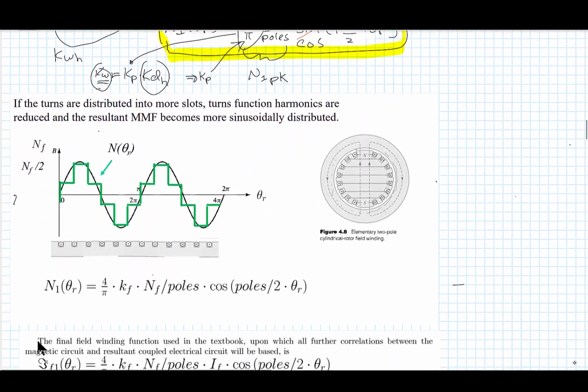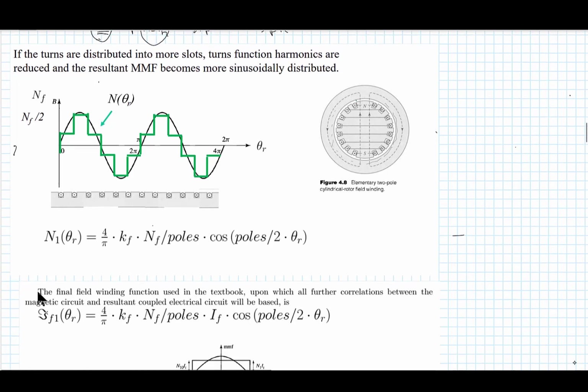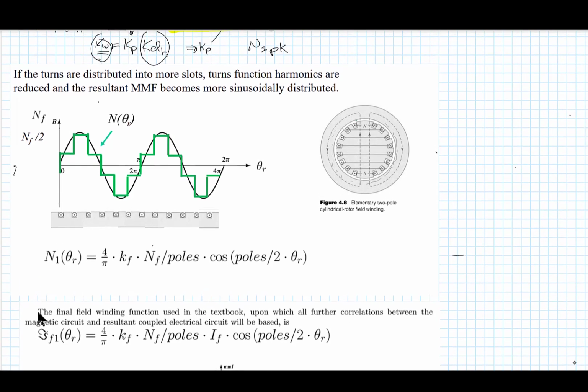Now we're going to turn our attention to a different type of rotor structure. This is what would be referred to as a round rotor or non-salient rotor structure.